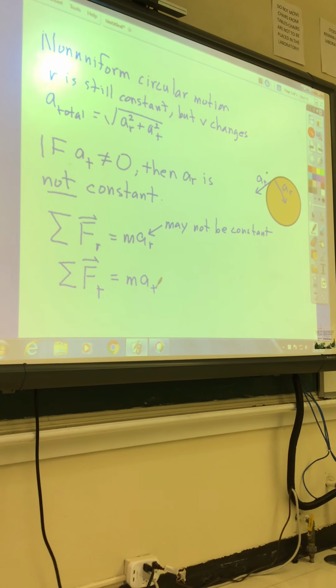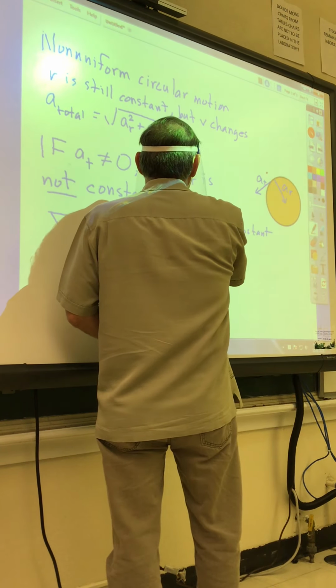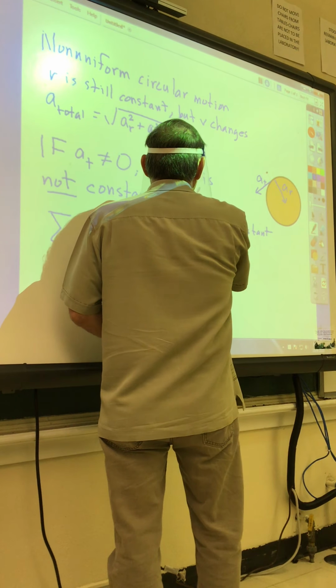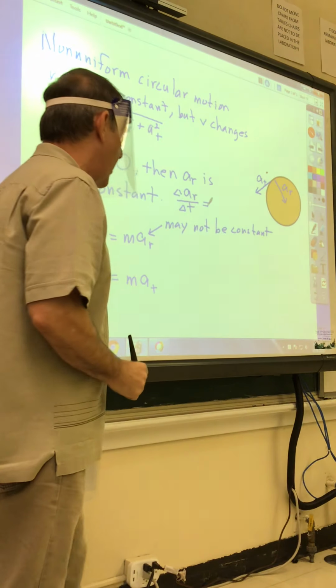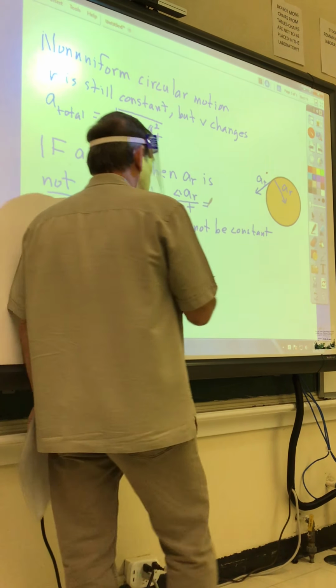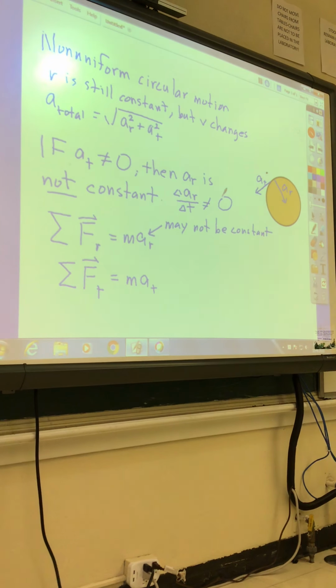But if it's not zero, the radial acceleration is not constant. Another way of saying this is that delta A_r over delta t, the change in the radial acceleration with respect to change in time, is not zero. Okay. Which is odd. We don't normally deal with situations like that in this course, but you need to be aware that they do exist.